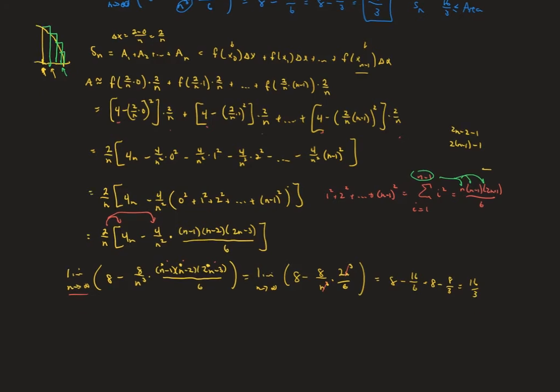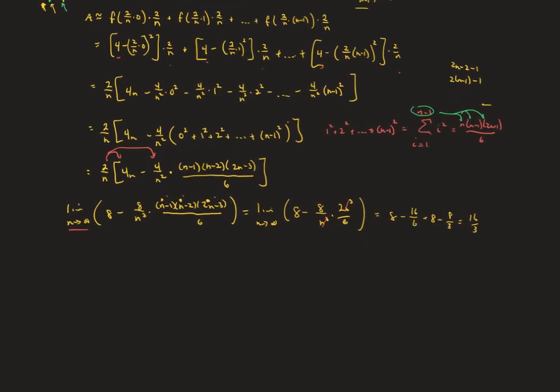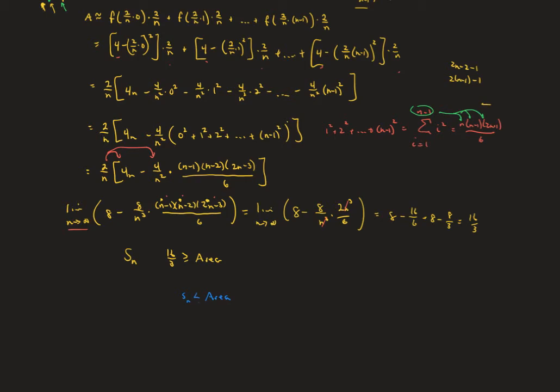Now remember that we said that this was going to be an overestimate. So our S sub n, which is this 16/3, we said was going to be greater than or equal to the true area. So when we put those all together, we said that our little s sub n was going to be less than or equal to the area, which was going to be less than or equal to the capital S sub n.